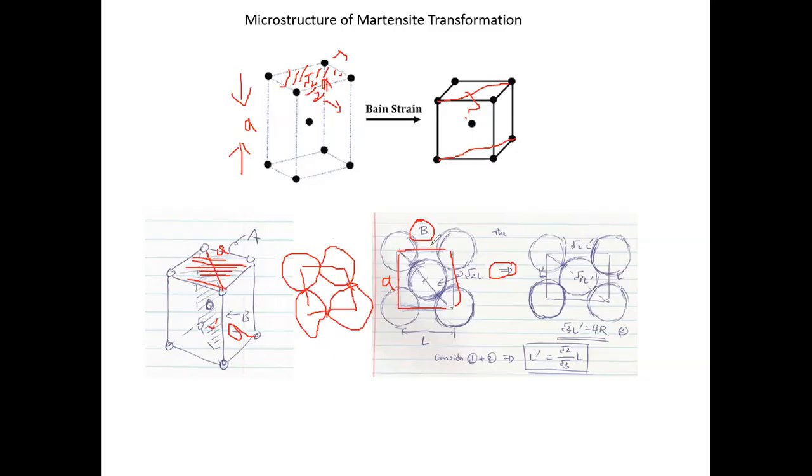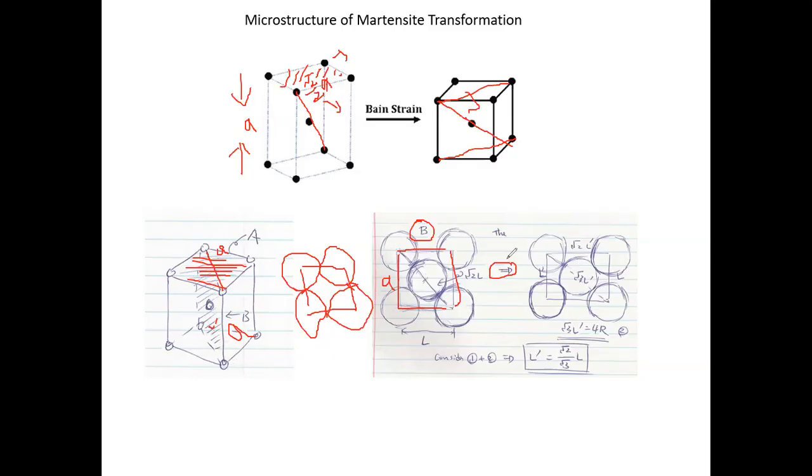One thing is not changing, which is this length. This length does not change, because in BCC, we know that all the atoms can touch also through the body diagonal, and in this case, they also touch through this diagonal, which is right here.